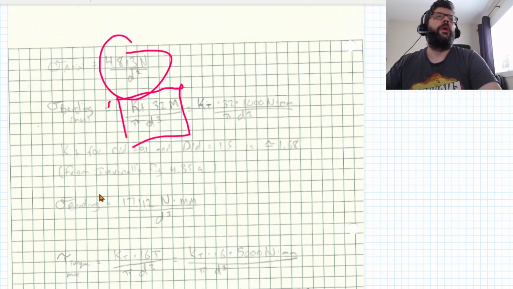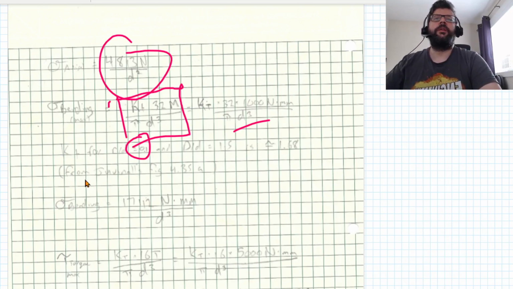So there we've got KT times 32 times 1,000 newton millimeters divided by pi d cubed. KT in this instance, with the r over d of 0.1 and the D over d of 1.5, is going to be approximately 1.68, eyeballing it.